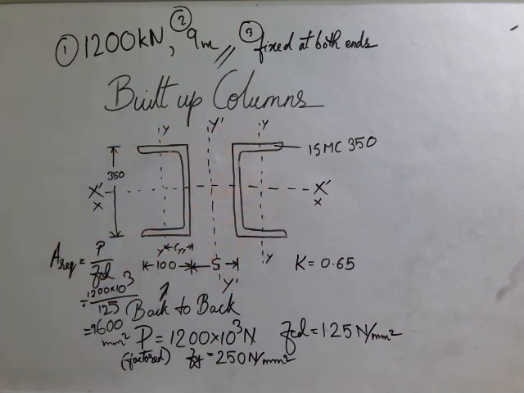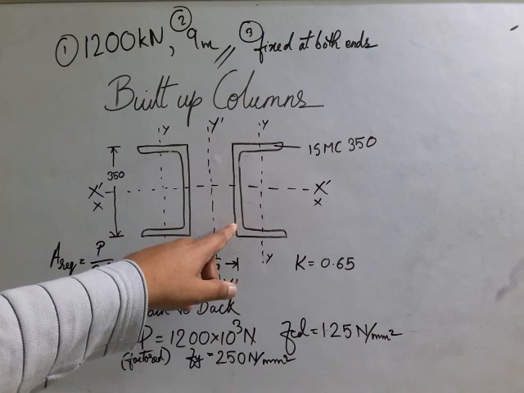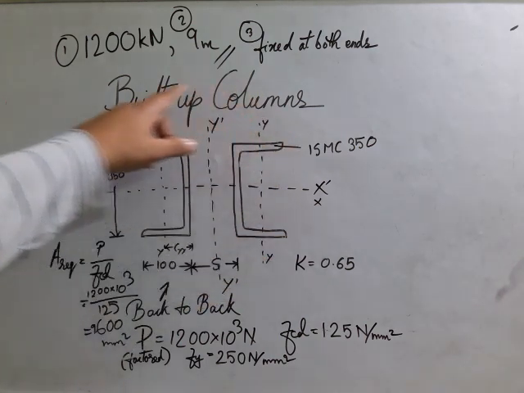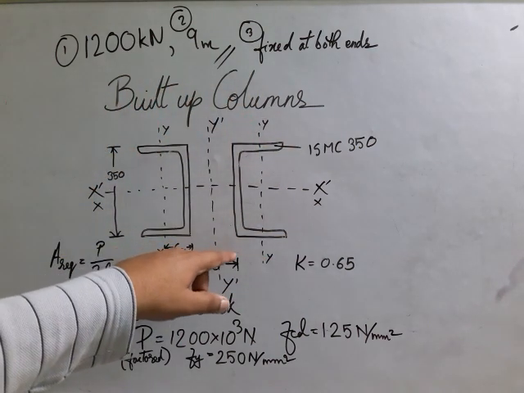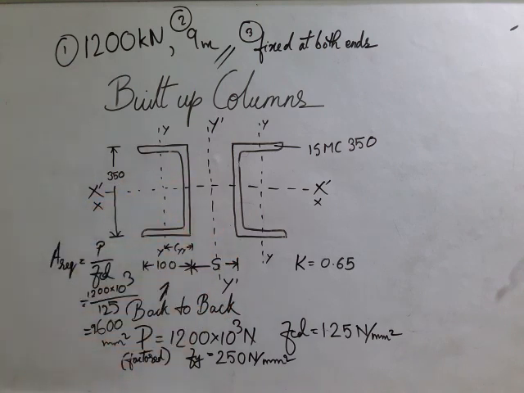That area will be the combined area of these two. We will not take the area of a single section as more than 9600; we'll take the whole combined area of the two channel sections as more than 9600. If we divide 9600 by 2, what we get?